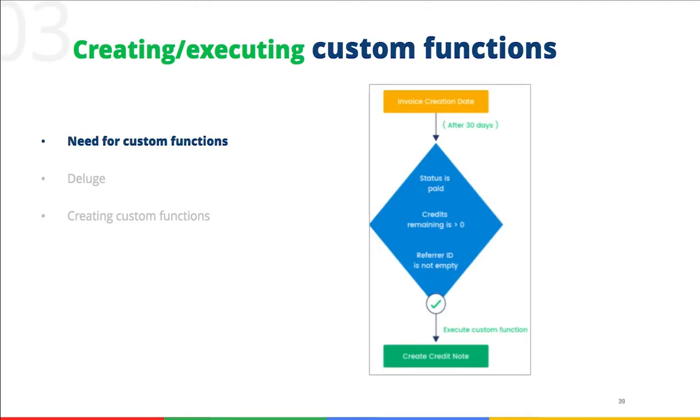Custom functions allow you to write small pieces of code to automate your business processes, the ones that we just saw in Zoho Books. The difference is that in this case it's more dynamic, and there are more options for you to customize it the way you want to suit your specific business needs.